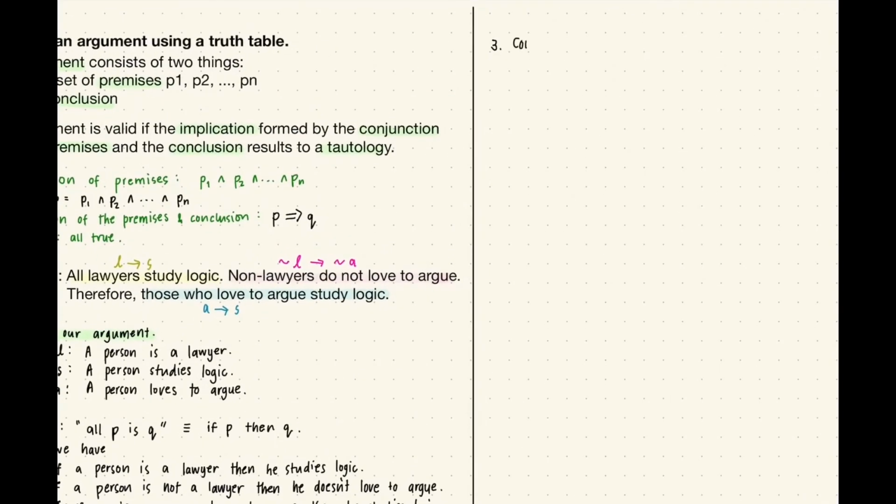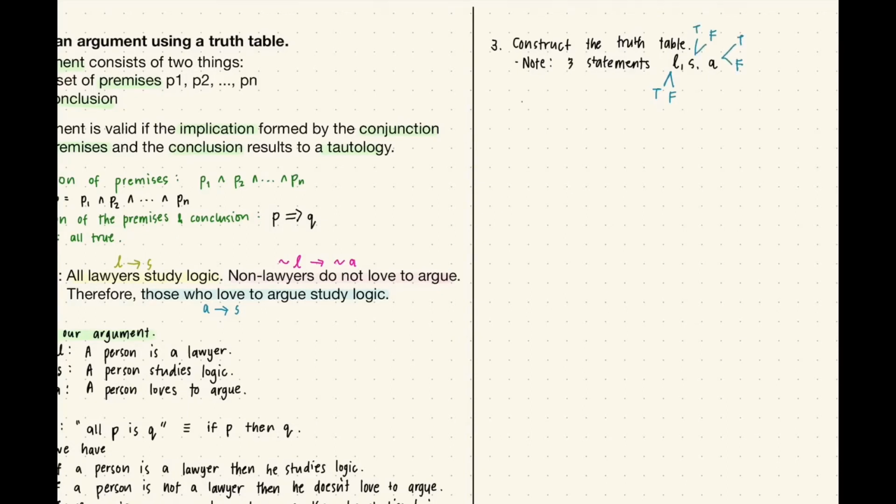So next, finally we will be able to construct our truth table for this argument. Okay, so again, remember we have three statements, A, S, and L, right? And each of the statements has two possibilities. Each can be either true or false.